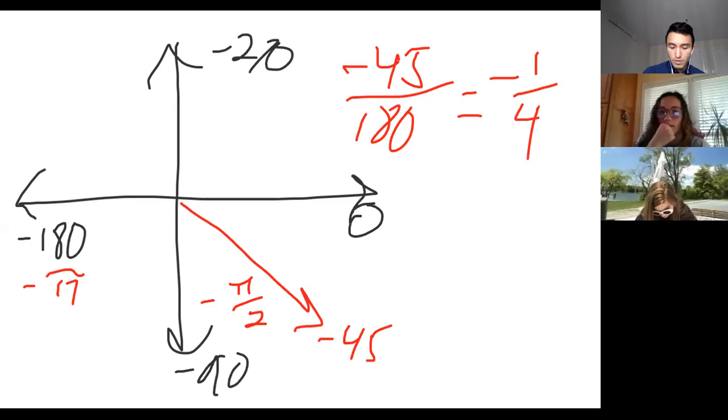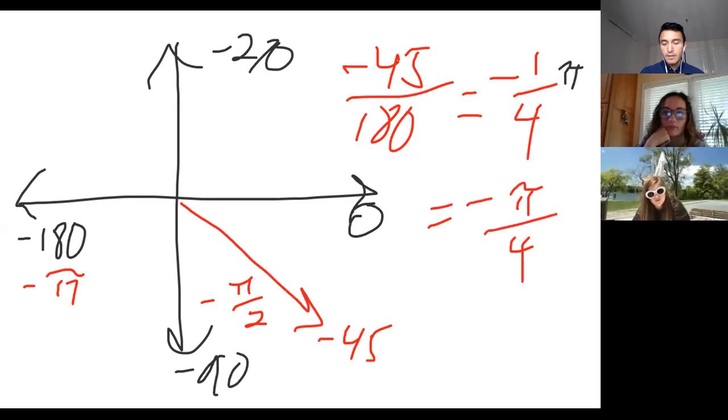And then all you have to do to turn it to radians is add pi. So it's the same as writing negative pi over 4. So it's the same exact process. You're just going to have a negative in front, okay? And obviously it's going to be a different place on the graph, but that doesn't matter so much. Cool.